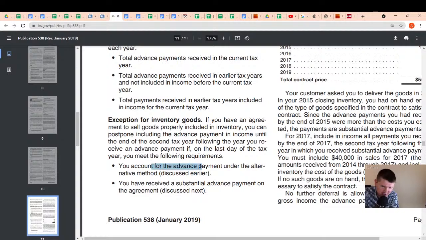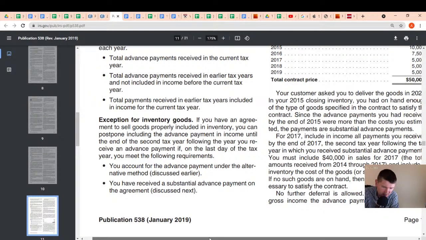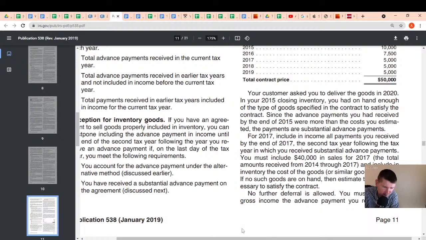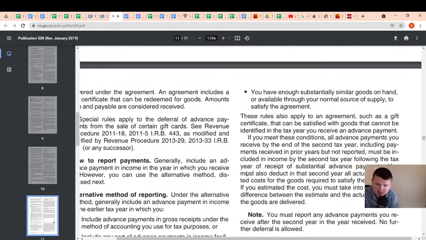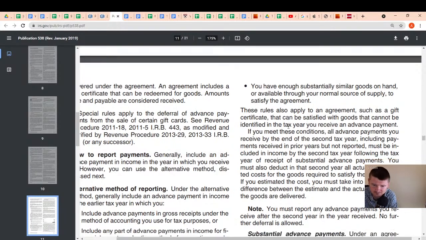You account for the advance payment under the alternative method discussed earlier. You have received a substantial advance payment on the agreement, and you have enough substantially similar goods on hand or available through the normal source of supply to satisfy the agreement.